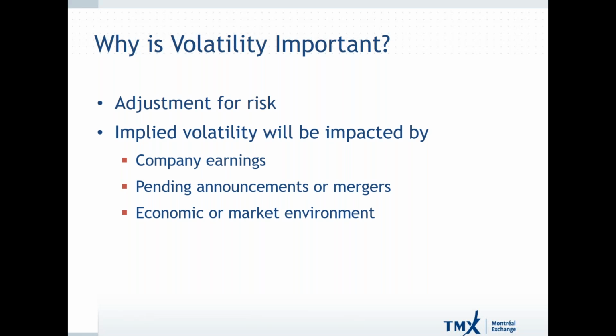And finally, and probably the most prevalent over the last little while, is a consideration for economic or market risk. When there's a general consideration that the market is going to be more risky, you will see an increase in implied volatility. When there is less to be worried about, you'll typically see a decrease in implied volatility.